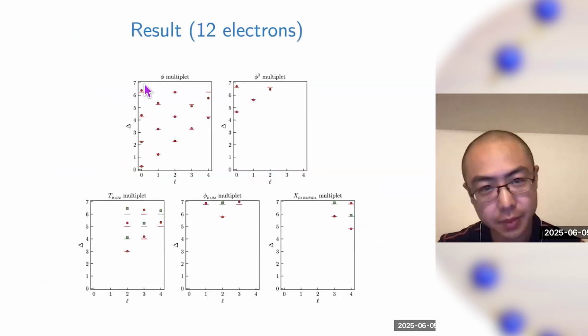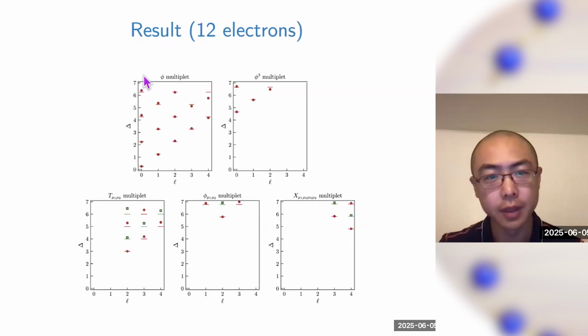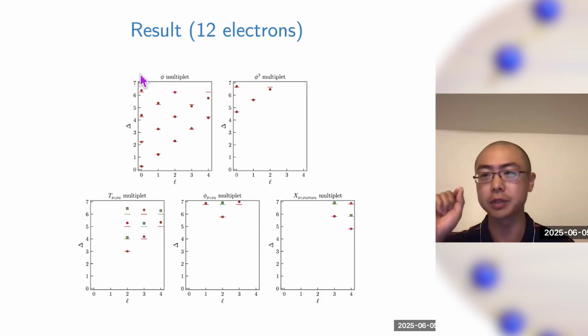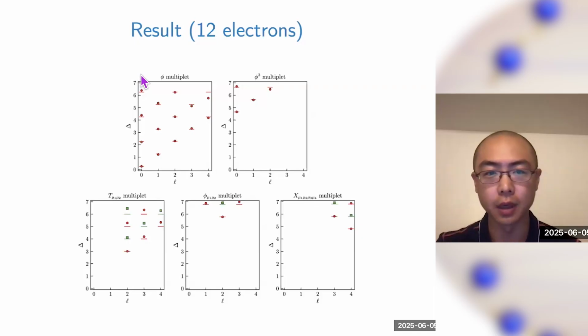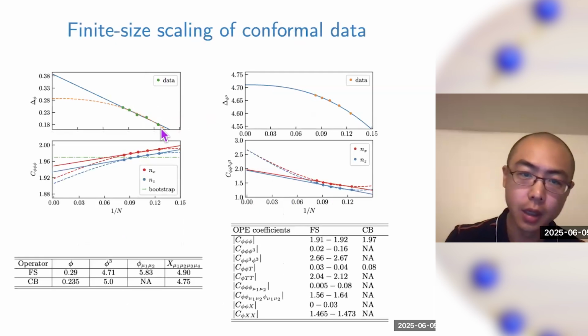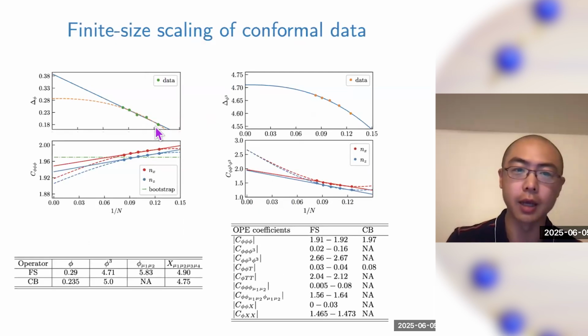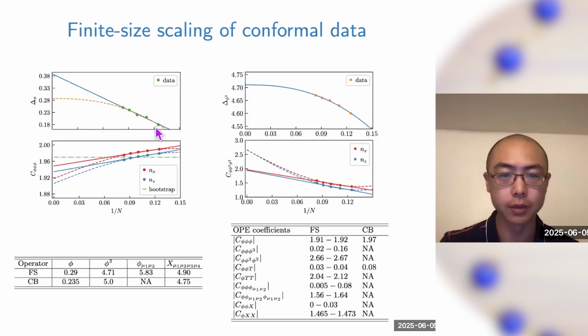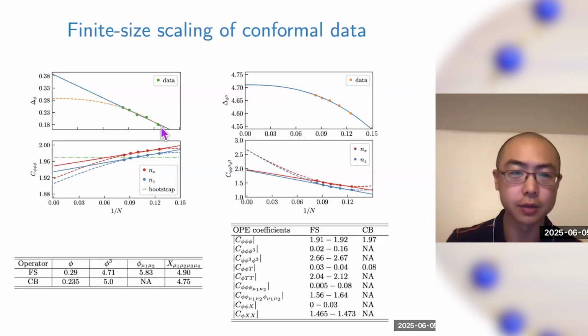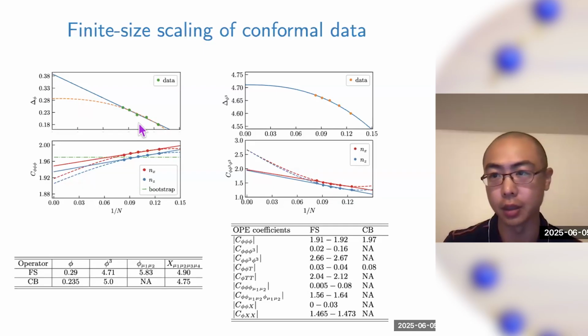That is because here I only plot the spectrum up to scaling dimension 7, but actually there are two states near 8, and unfortunately, their energies have a little bit of imaginary part, so you cannot use them very reliably. But that's why we estimate there might be some new state near scaling dimension 8, so we attribute this drift to the effect of that unknown irrelevant primary, and we estimate the scaling dimension to be 8, and use that to plot this orange curve.